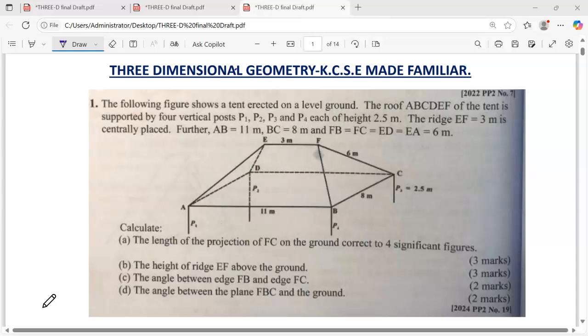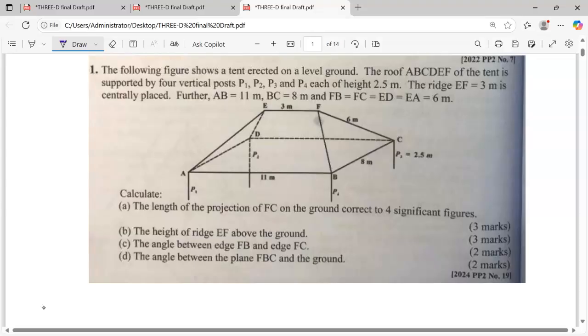We know the ground is below ABCD, and therefore we are going to start by first making the ground by joining P1 to P2 and also using a broken line towards the point P3, and then joining P1 to P4 and also direct to P3 like that.